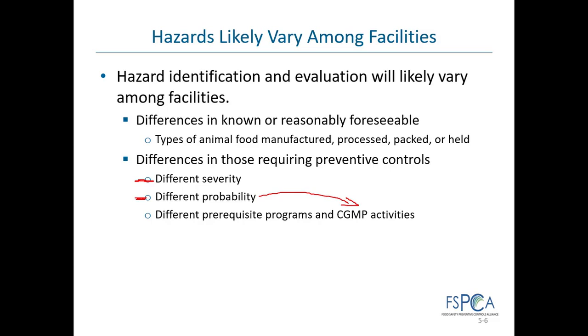The severity of that hazard in those feeds is very different. However, if we think about copper in sheep, that's always going to be a high severity. If you're making sheep feed, copper is always going to be a high severity simply because it has a big effect on sheep. Okay, so there's some play in there, and we're going to talk a little bit more about that and look at some examples of that as we go along.